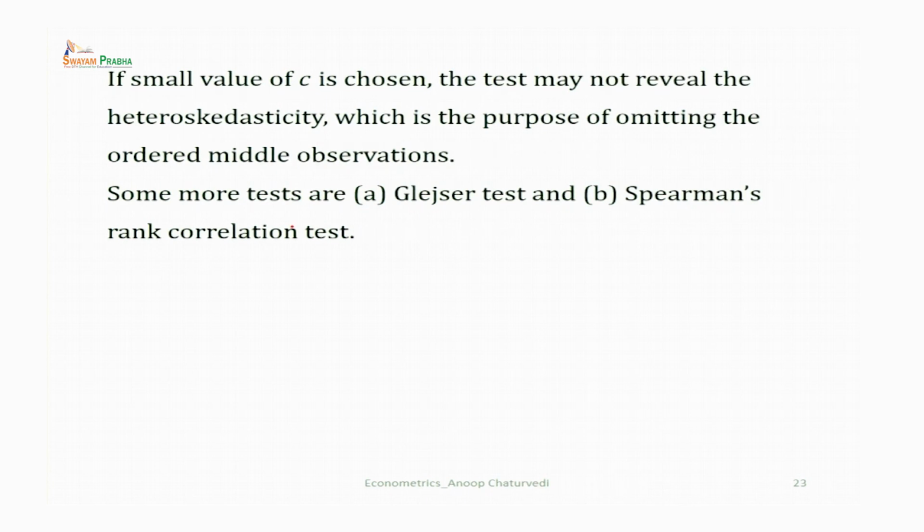There are a few other tests also which I am not going to discuss here, like Glejser test and Spearman's rank correlation test. So, in this lecture we have discussed the multiple linear regression model when the disturbances have the heteroscedasticity problem.